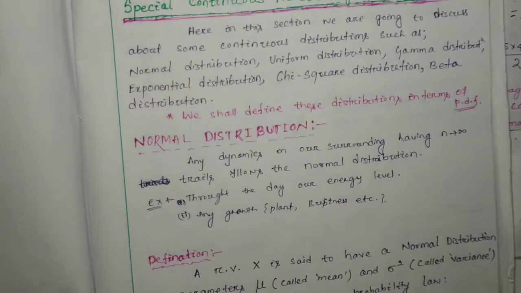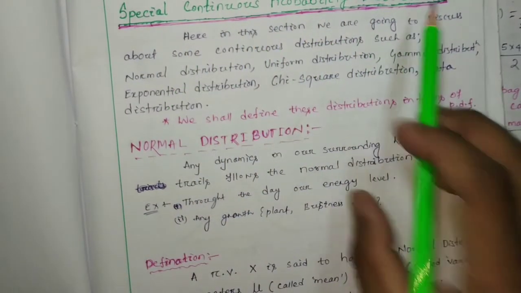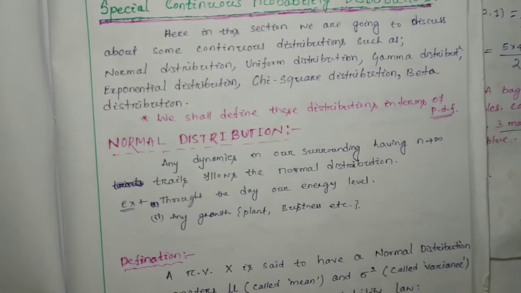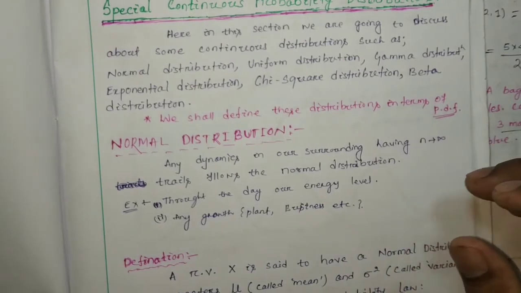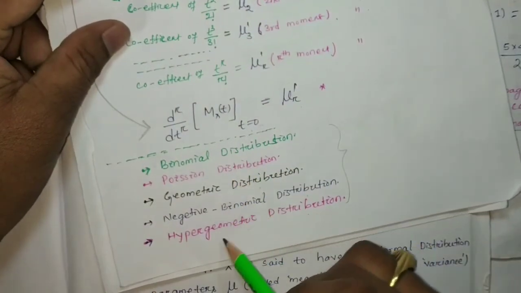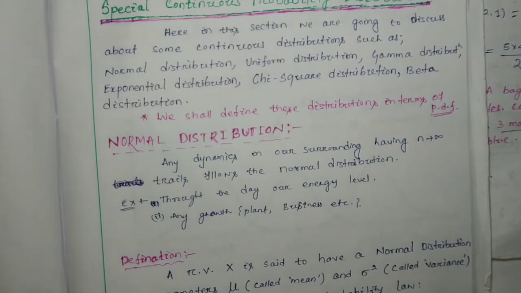We are going to discuss special continuous probability distributions. Here we have completed the discrete probability distributions: binomial, Poisson, geometric, negative binomial, hypergeometric, and multinomial distributions, which we have discussed in detail.